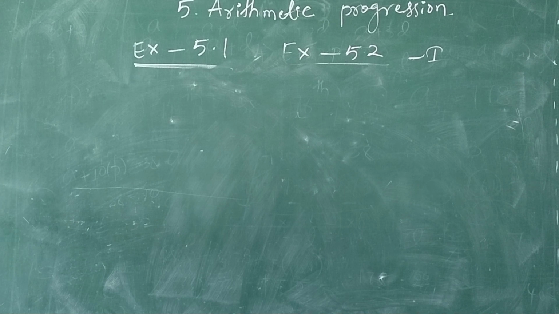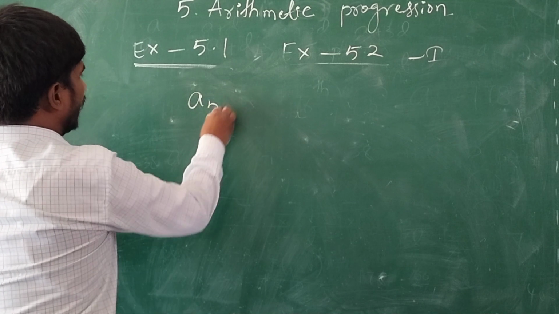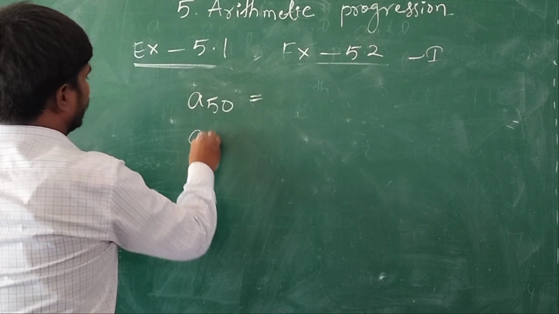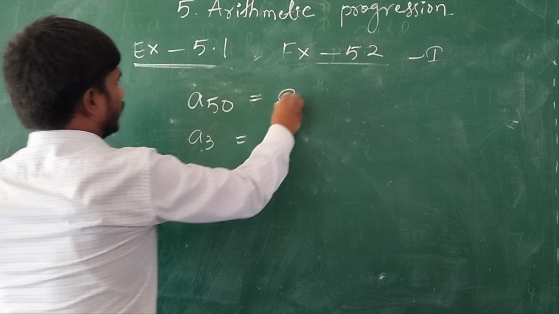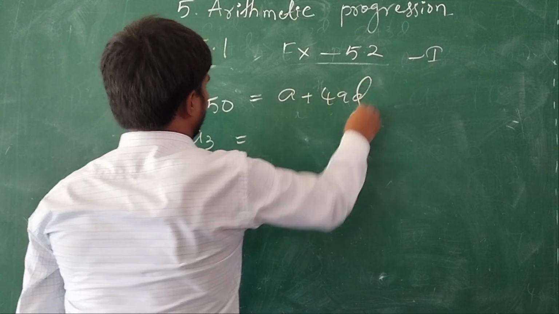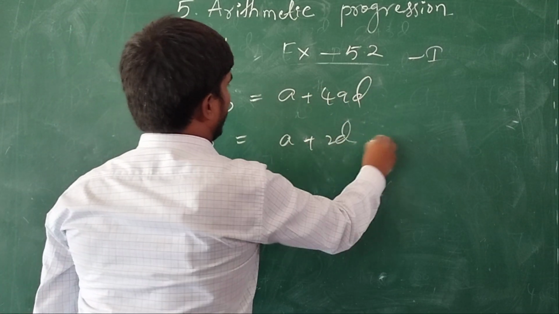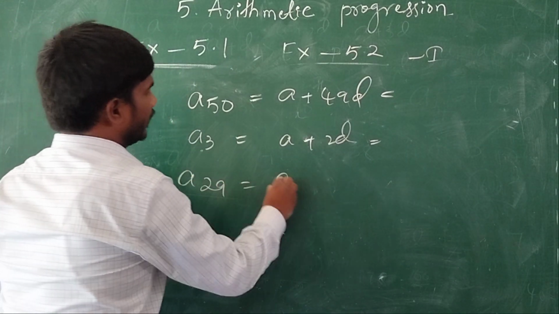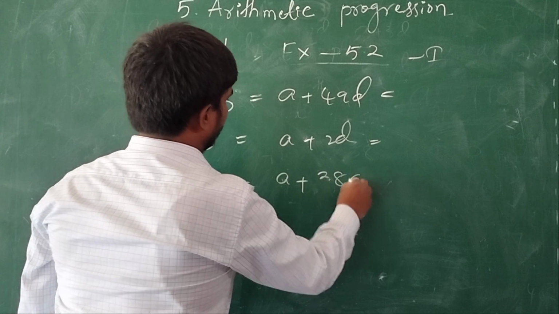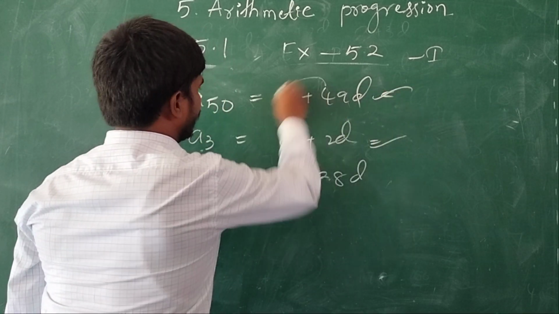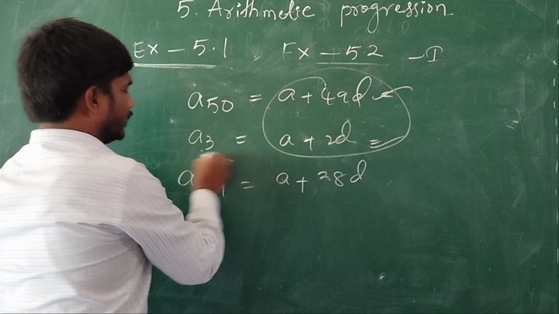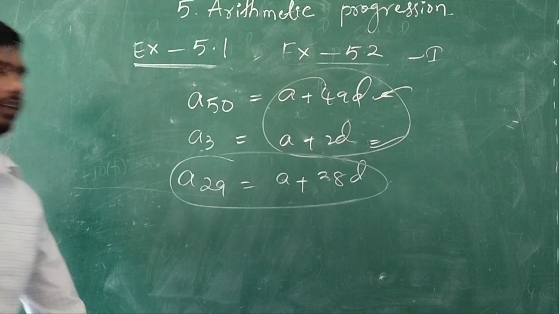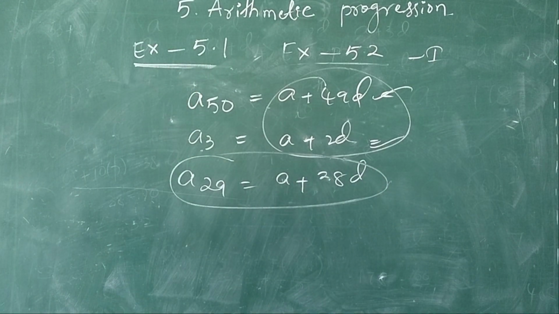Clearly 50 terms are there, so the last term means a50, and the third term a3. a50 is a plus 49d, a3 is a plus 2d. Next, it is asking a29, which means a plus 28d. So from these two, solve the two equations, find the a value and d value. Next, substitute that a and d value in this a29. That's it. That is the eighth problem.